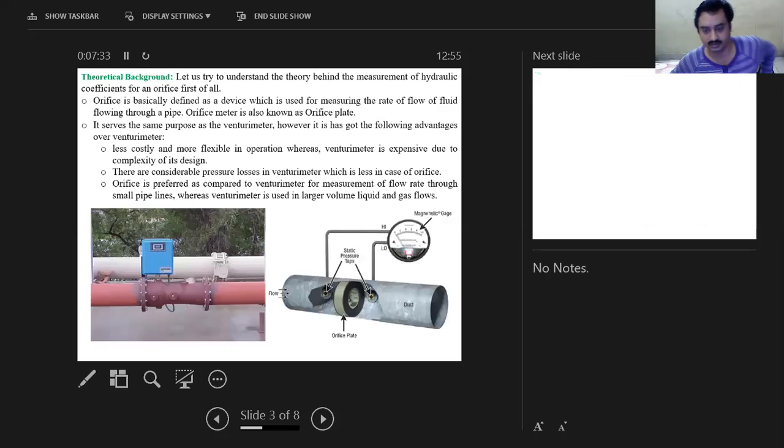Here is one application point to show you how an orifice plate is being used and how a venturimeter is being used. You could see that this is an orifice plate, or orifice, you can say, and here you could see there is a venturimeter application point.